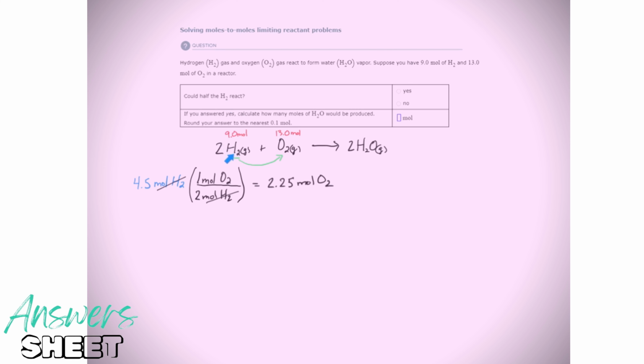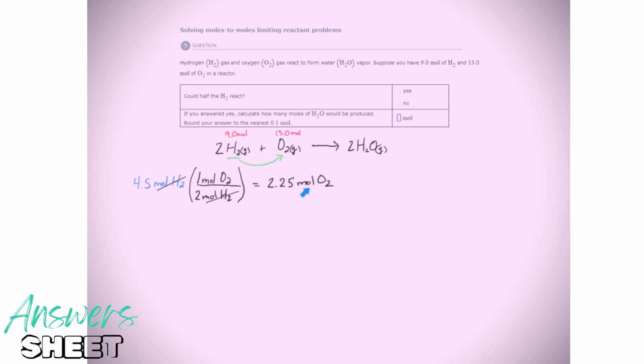So the question was, could half of the H2 react given these amounts? Well, what's half of the amount of H2 that we have? We have 9 moles. Half is 4.5 moles. So we did a little bit of stoichiometry here, and we determined that if I want all of this 4.5 moles of H2 to react, which is half of what we have to begin with, I need 2.25 moles of O2.